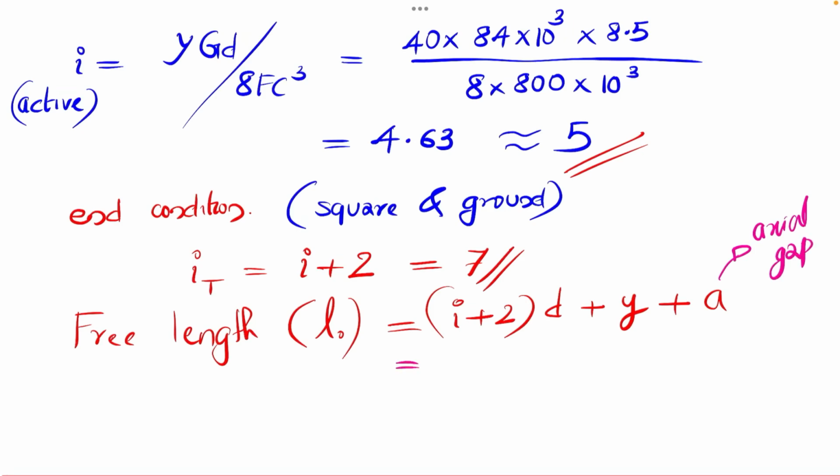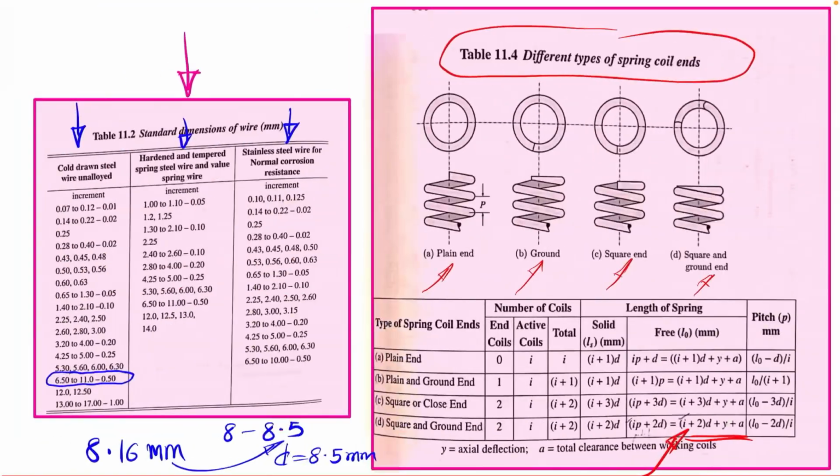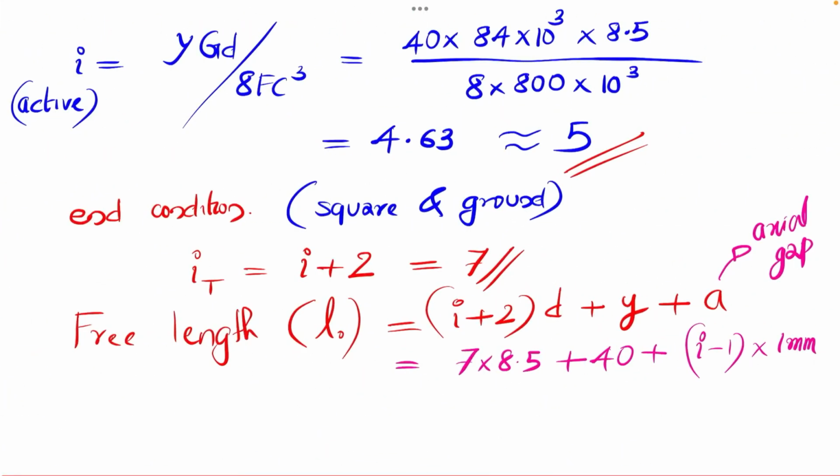I will be explaining how to consider the axial gap. So we can evaluate this. i is 5, so 7 into 8.5, plus y is 40 mm, plus the axial gap, which we calculate as (i minus 1) into 1 mm per coil.